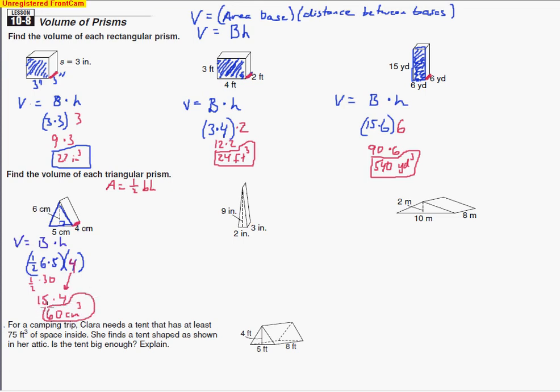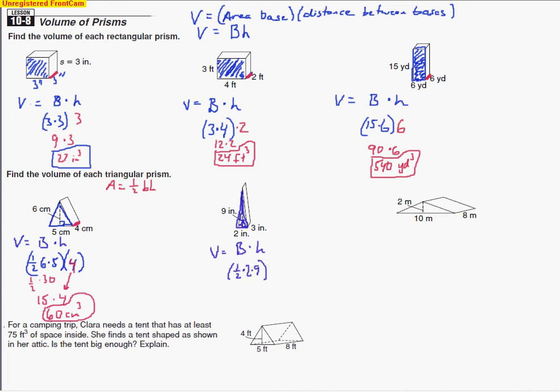Taking a look at our next one here, just a skinny triangular prism. But I first need to find the area of this base. So this distance right here, and then it's just all filled in here. And so the volume equals area of the base times the height. So the volume is going to be the area of that base first, 1/2 times 2 times 9.